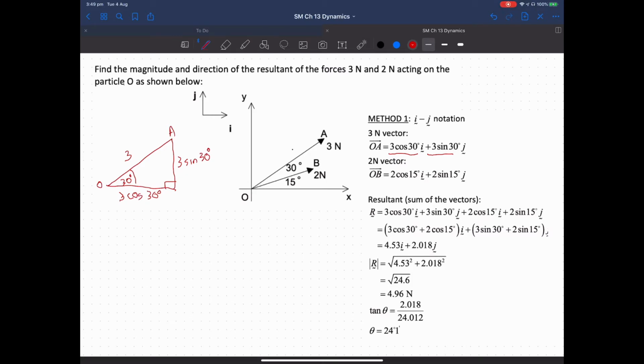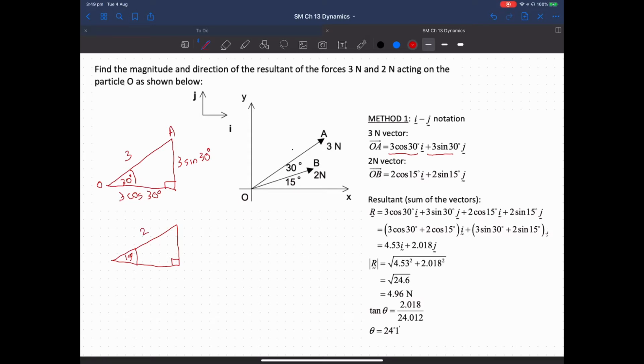Similarly, if I took the second vector, which has a force of 2 newtons, again, I could represent it as a right angled triangle. The angle being made this time is 15 degrees. The magnitude of it is 2.